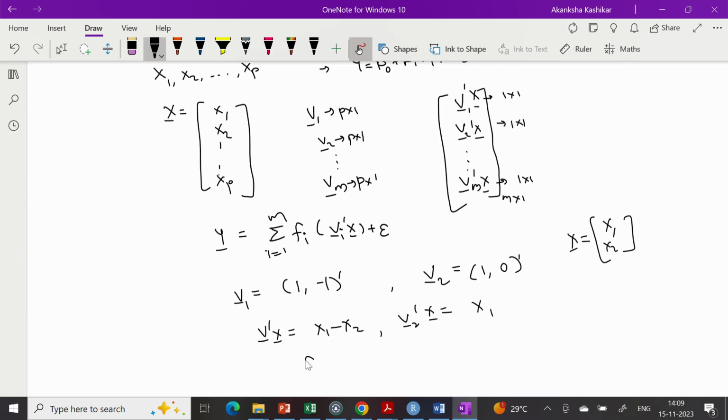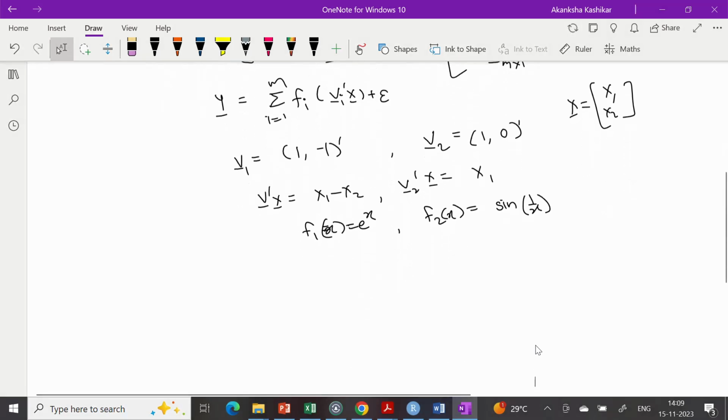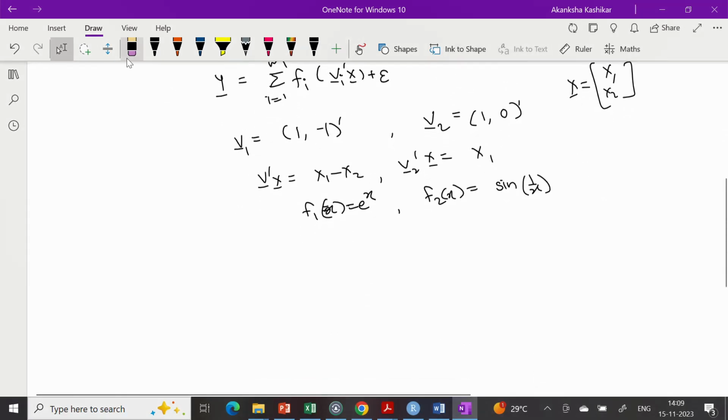Suppose we take f1(x) as e raised to x and f2(x) as sine of 1 by x. Then how will my y look? My y is supposed to be this, right? y is a scalar.